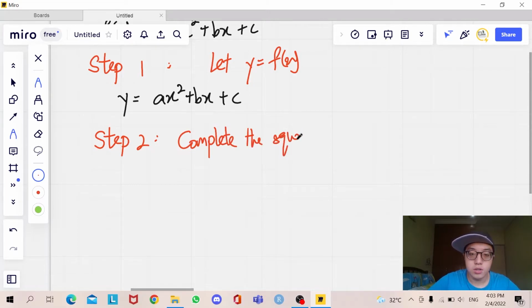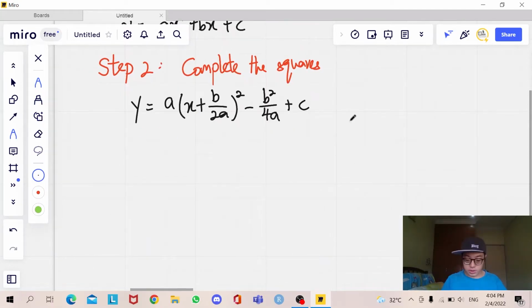After completing the square, you will get something like this. To save time and space, I just copied this after I did it on paper. After you complete the square, you will get y is equal to the following. If you want to double check, you can go back to the previous video where I talked about how to solve a quadratic equation. So I proved that you will get until this line.